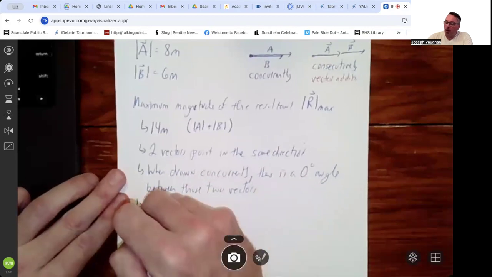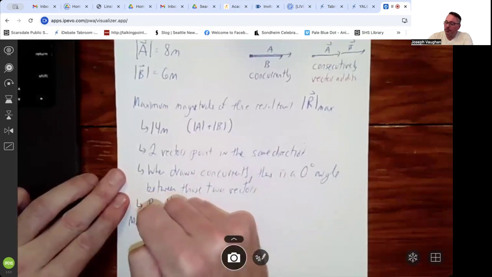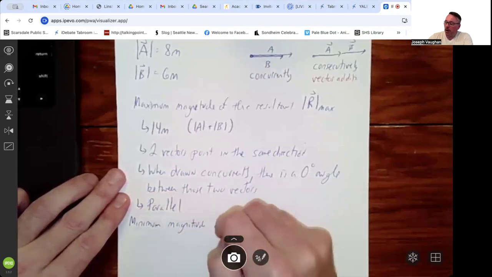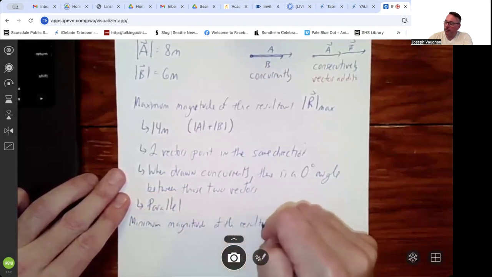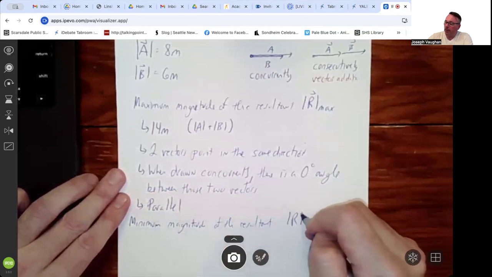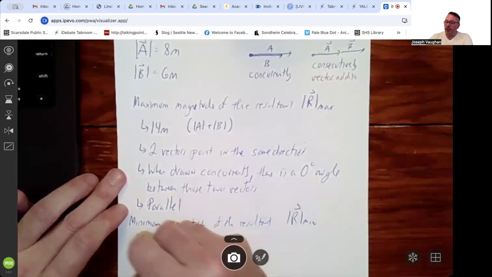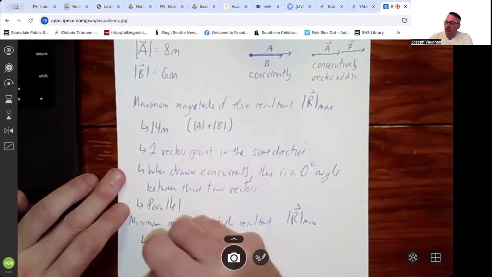Okay, cool. What would be the minimum magnitude of the resultant? So R min. I think we can look at that and see pretty obviously it's going to be 2 meters.